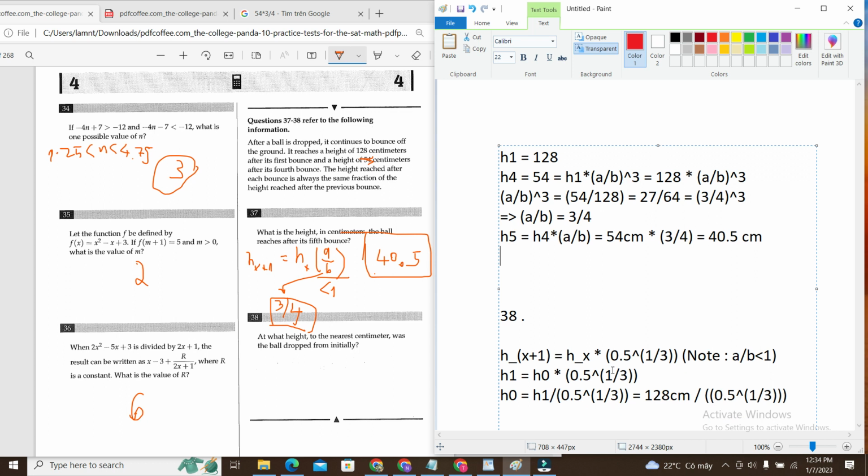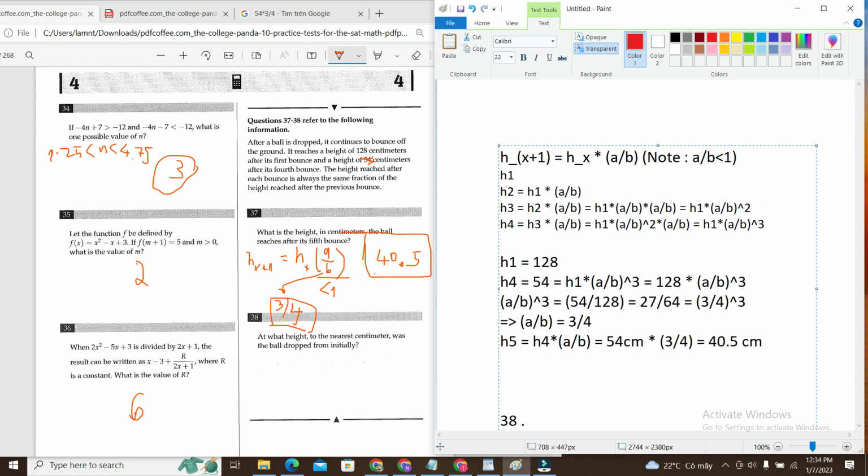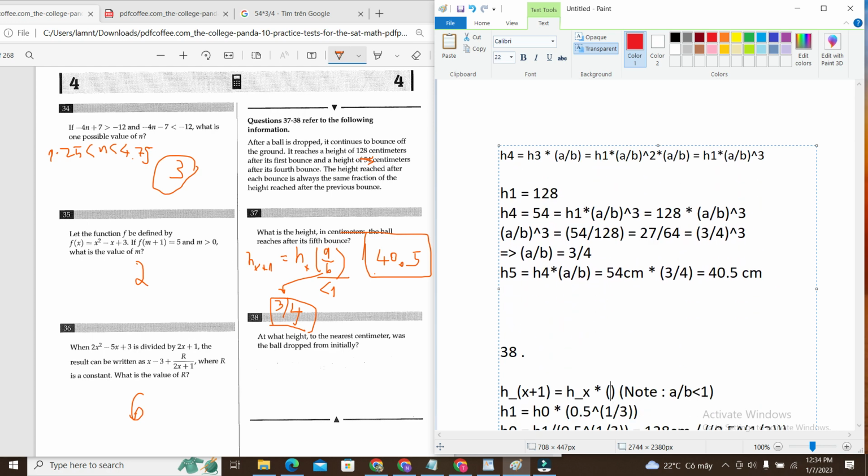So A over B is actually 3/4. Okay, sorry, miscalculation. Note A over B is less than 1.